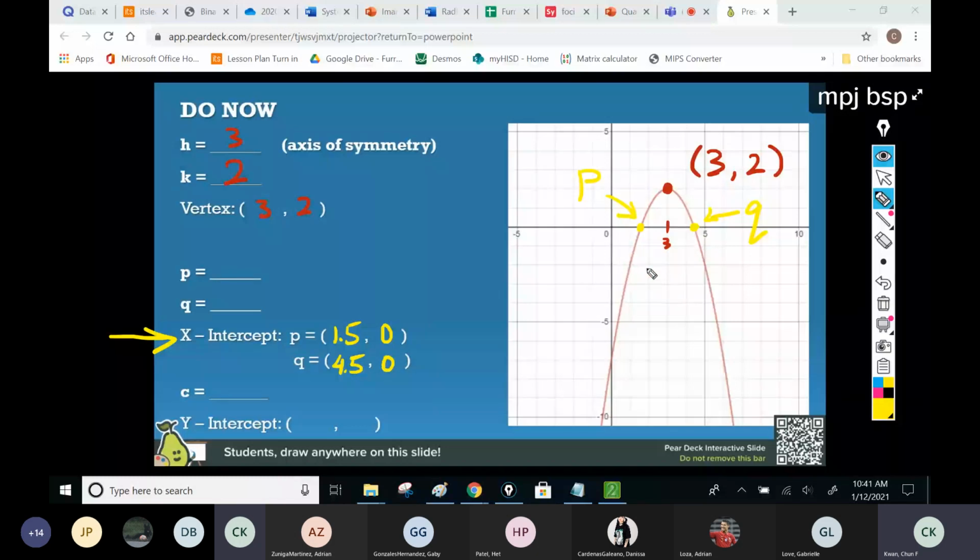If you get something close to that, you're good. The P is 1.5, the Q is 4.5. We only care about the X values right here. We don't really care about the Y.